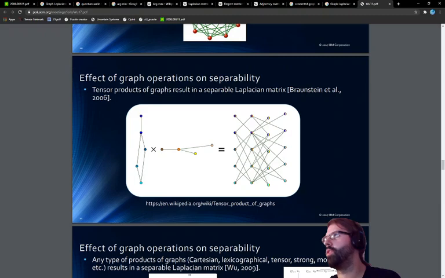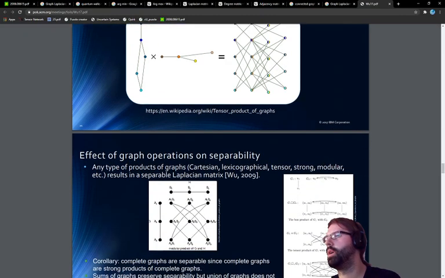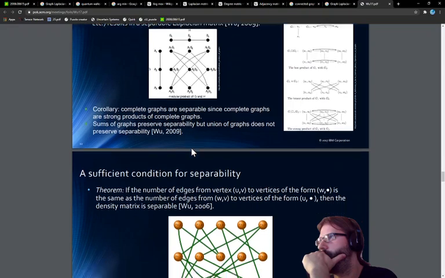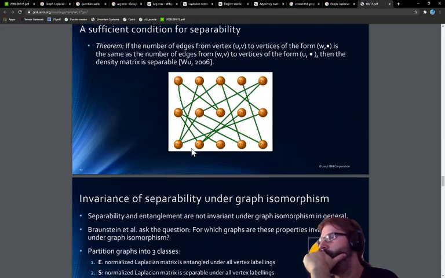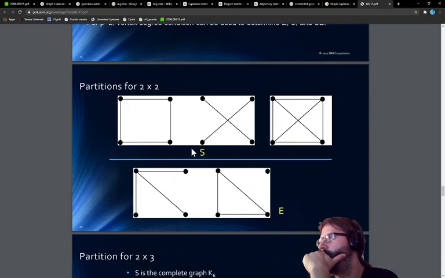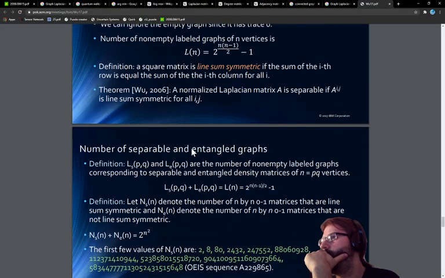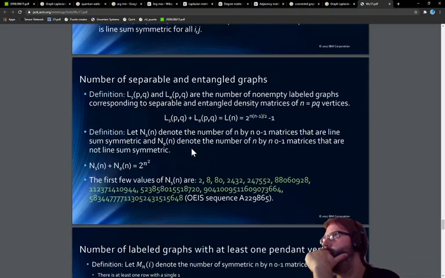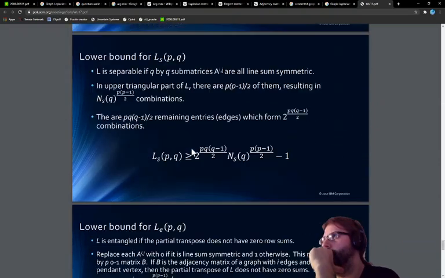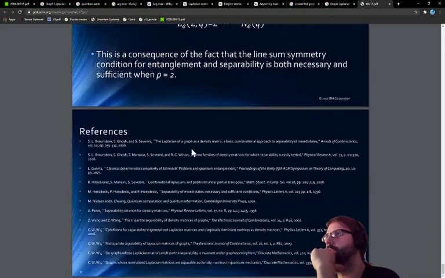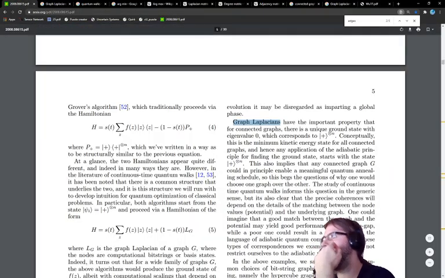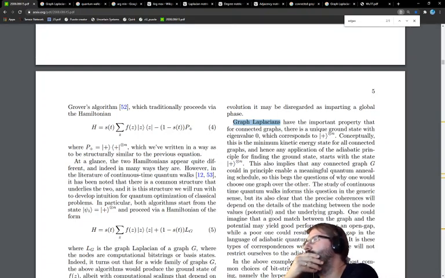Effect of graph operations on separability. Maybe we should play with some of these. Okay, so the graph Laplacian is something that can be mapped to a density matrix.